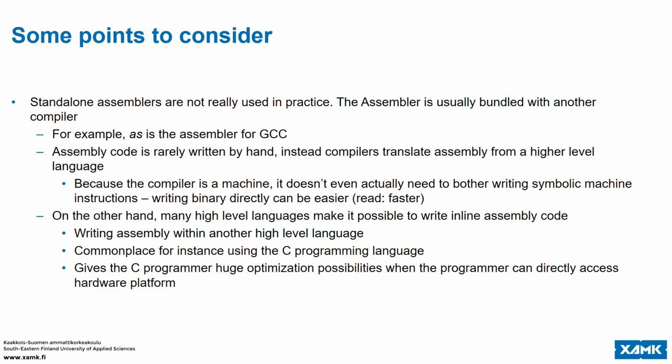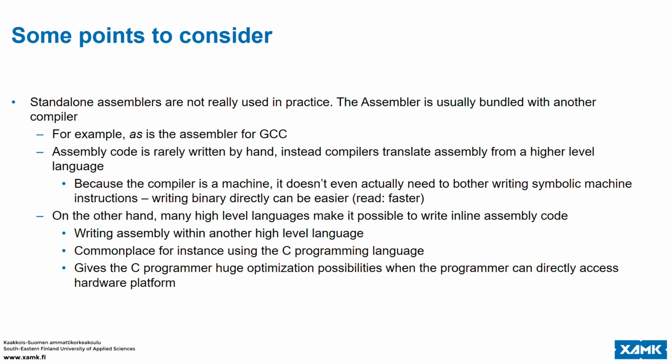Finally, it's not very common to use a standalone assembler. The assembler usually is bundled with some other code compiler. For example, in the Linux and Unix environment, when you program with the C or C++ programming languages, you use the GCC compiler, and in that bundle there is an assembler program called AS.